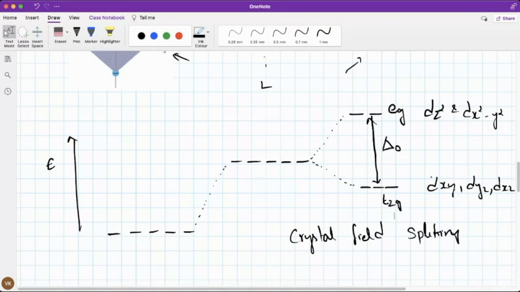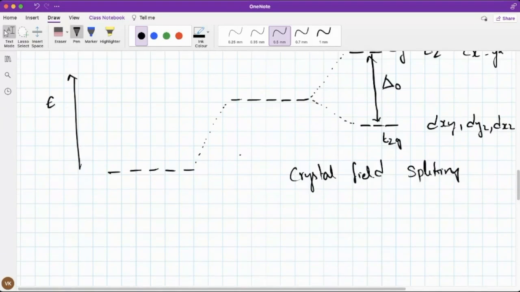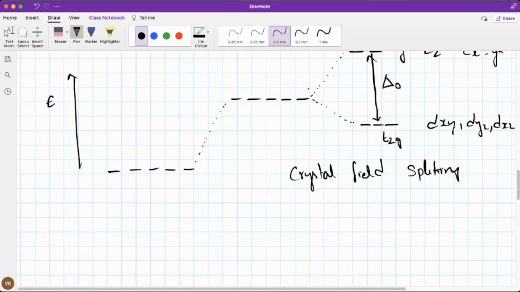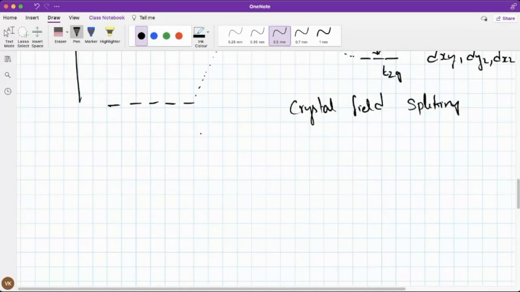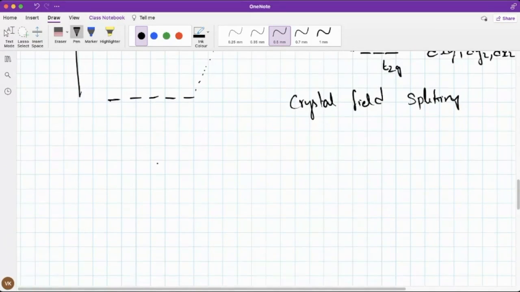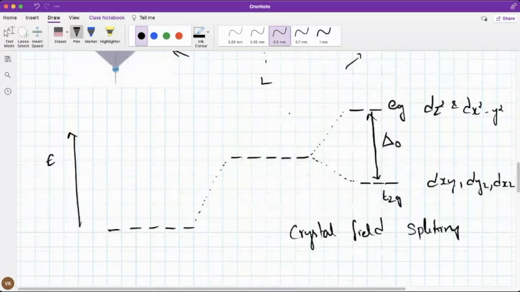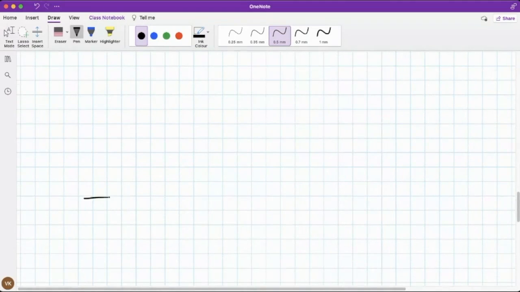It is also known as crystal field stabilization energy. One can calculate this crystal field stabilization energy for this compound. Now let's say I draw only this part. You have the 5 d orbitals.